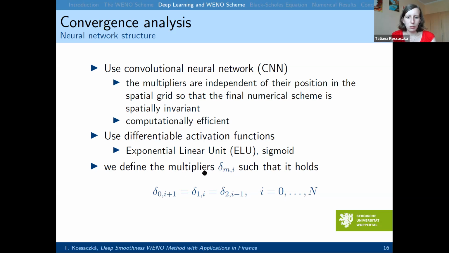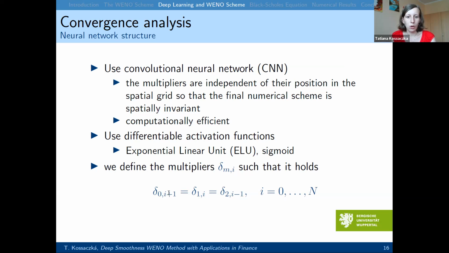We define the multipliers delta_m such that this holds. As I said, 0, 1, and 2 are the indices of the substencils. So this is delta on substencil 0, this is delta on substencil 1, this is delta on substencil 2, and we see it's just an index shift here.